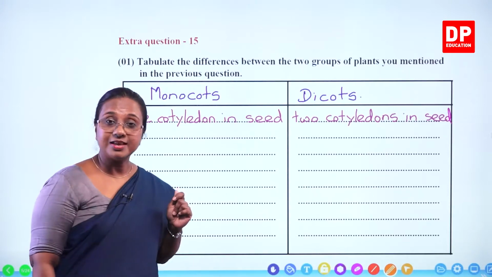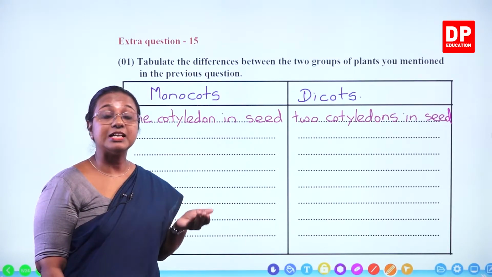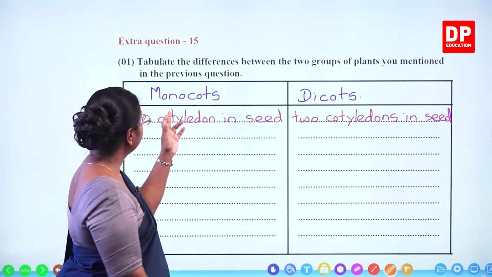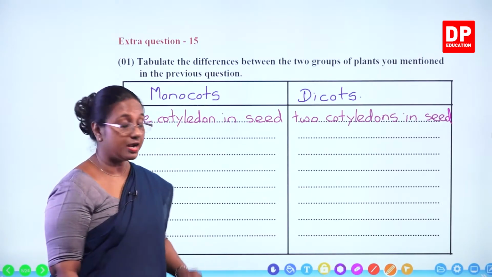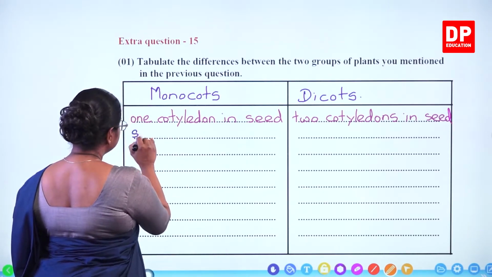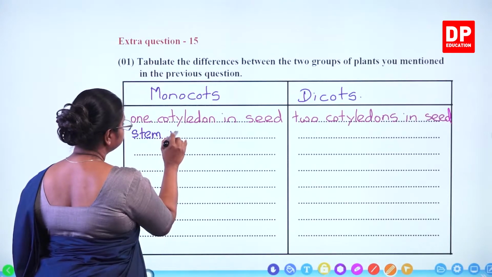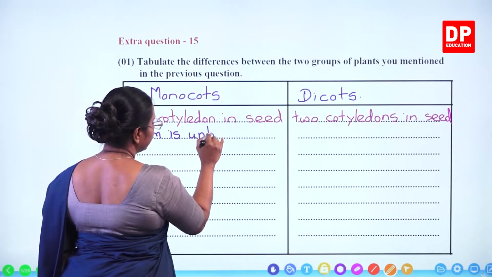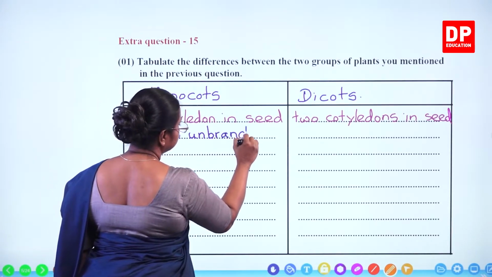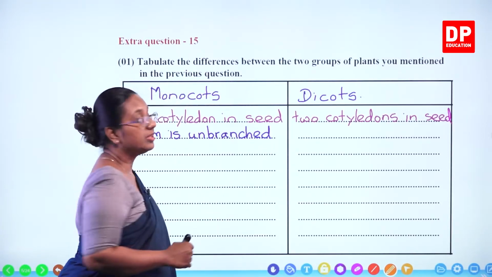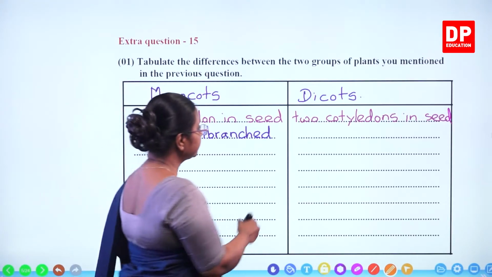Then what is the next characteristic we can consider? We can consider the stem. In monocots, the stem is unbranched. How about the dicot plants? The stem is branched.